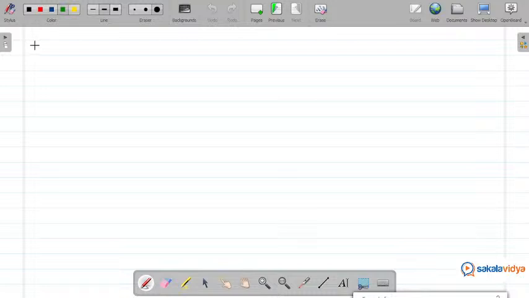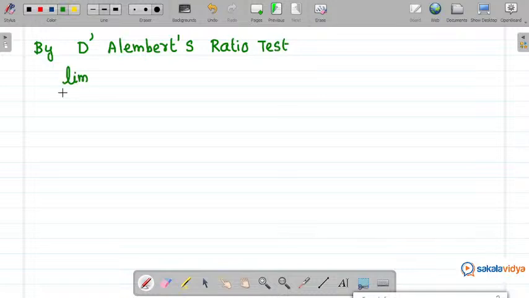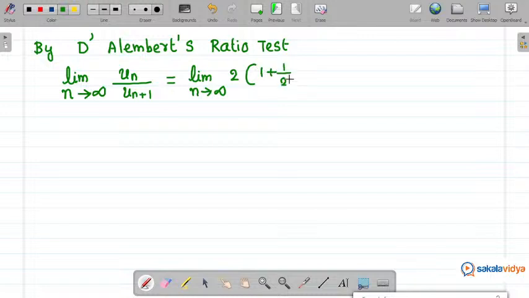So, now by D'Alembert's ratio test, limit n tends to infinity, un divided by un plus 1, that is equal to limit n tends to infinity 2 multiplied with 1 plus 1 upon 2 power n, divided by, actually what we have, that is nothing but 1 plus 1 by 2 to the power of n minus 1.